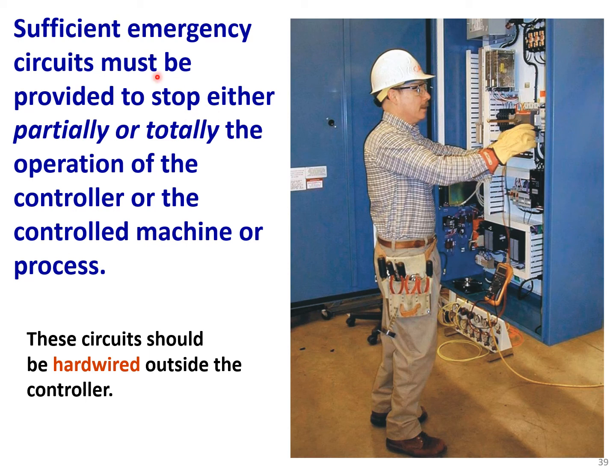So as we had previously with MCRs, yes, it's better to have a separate hardwired one. So if we activate or engage the emergency button, it will shut down the whole system, and it doesn't care what's happening inside the program.